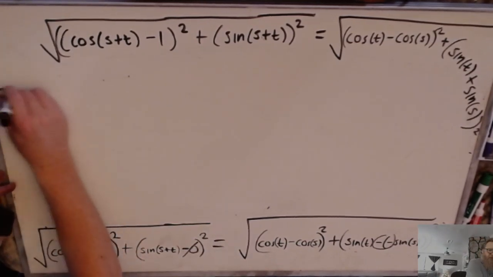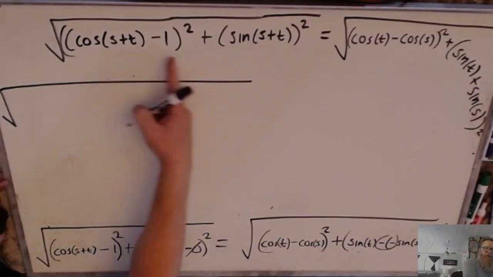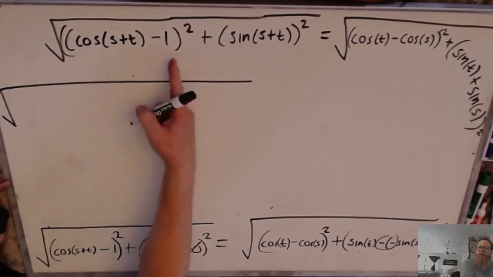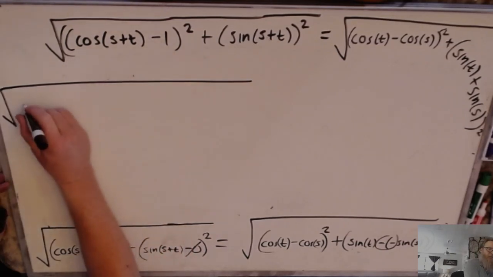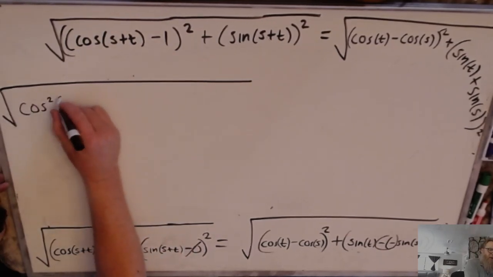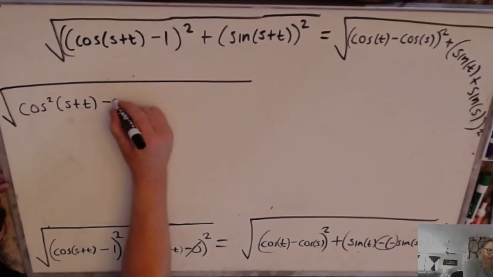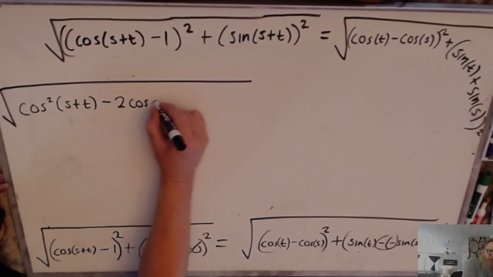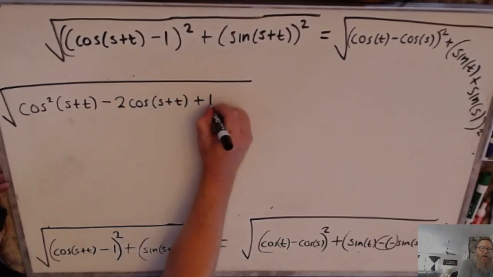Okay, so I've got the square root. Now I'm going to simplify this. So that's going to be cosine squared s plus t minus 2 cosine s plus t plus 1.